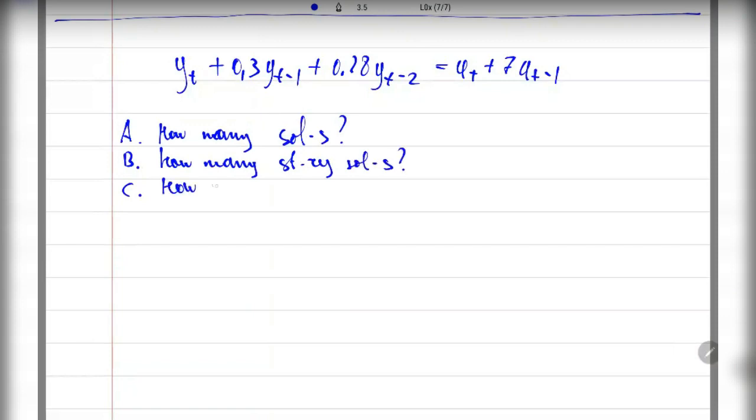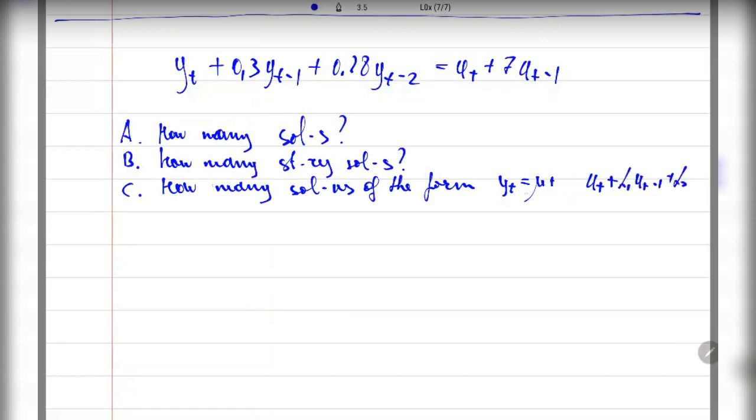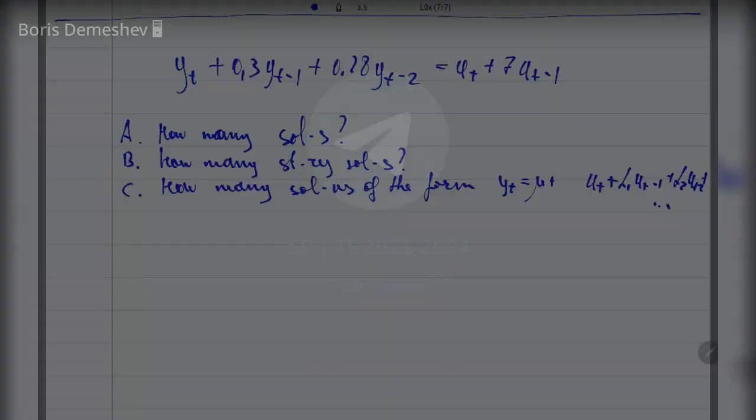How many solutions of the form y_t equals mu plus alpha_1 u_{t-1} plus alpha_2 u_{t-2} plus so on? So the same question. Once again, u_t is white noise.